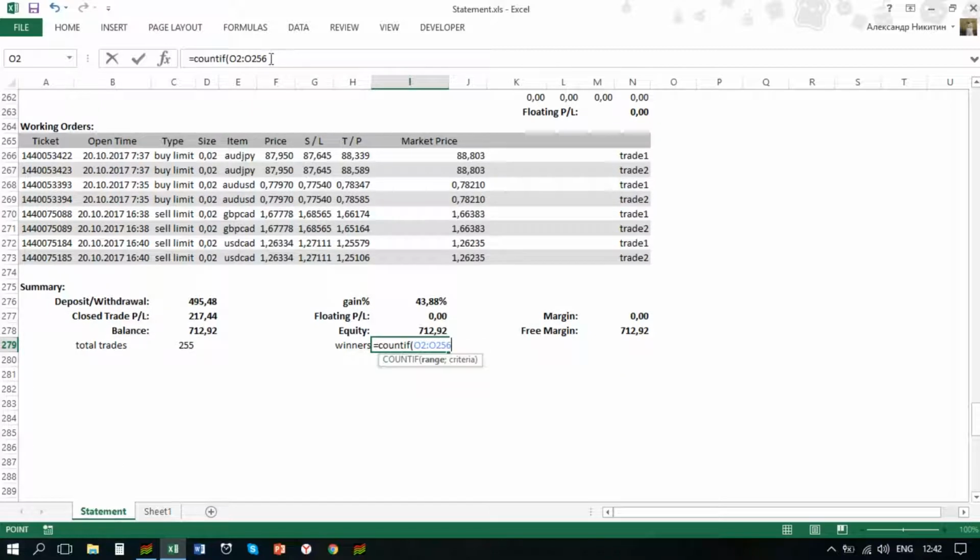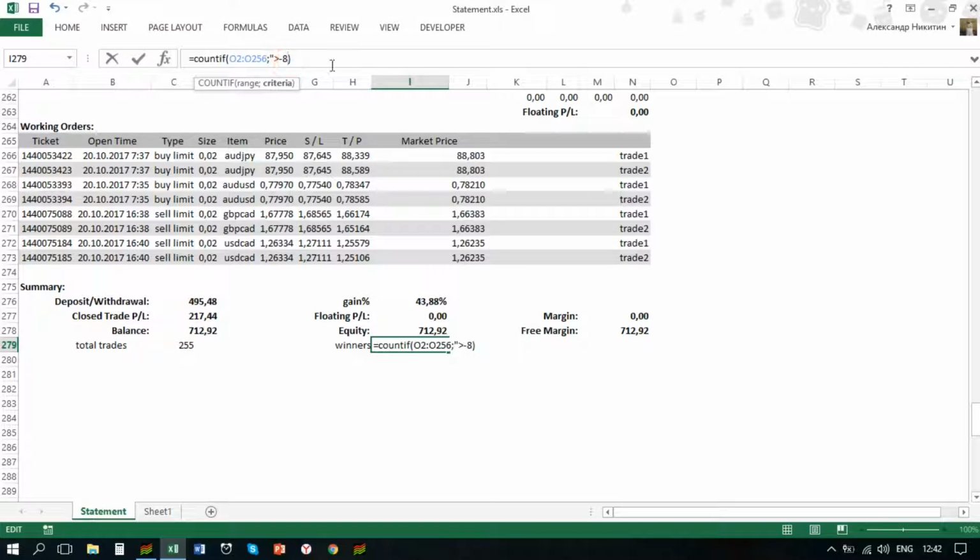And what should we count? As I told you, I never have a stop loss less than 10 pips. So I should count everything that is more than minus 10 pips. Let's say more than minus 8 pips, for sure, so that we don't count those actual stop losses.